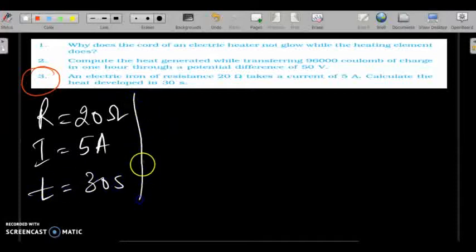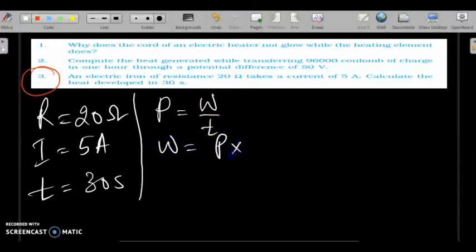What is the energy? We know energy and power are related. Power is work per time or energy per time. So energy is equal to power into time. Power is V into I, so energy is V into I into T. What is V, children?